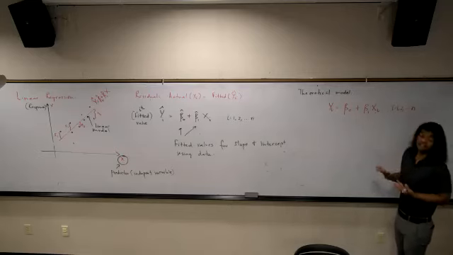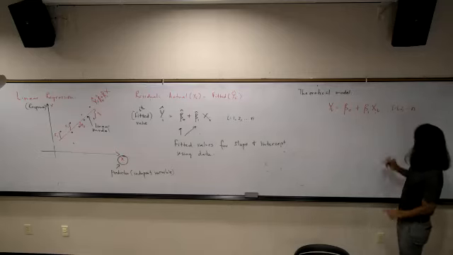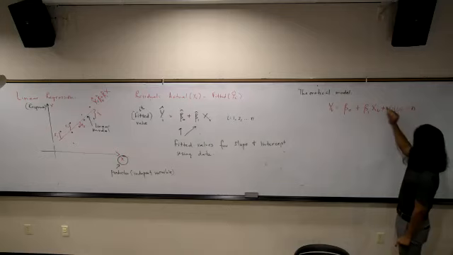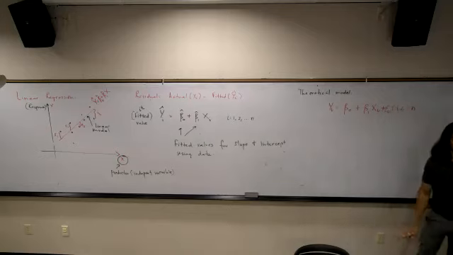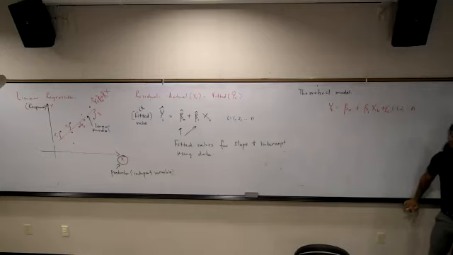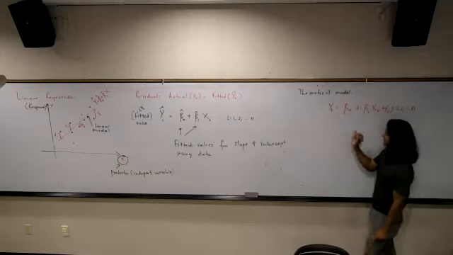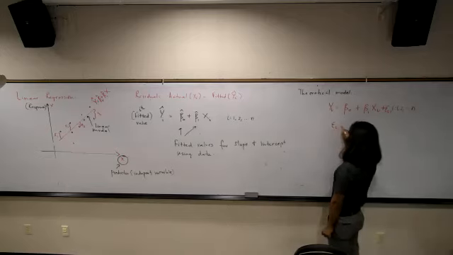This is theoretically what we need to have. So there is one little additional term, which is epsilon i. Good so far? So what is epsilon i? Epsilon i is simply noise.